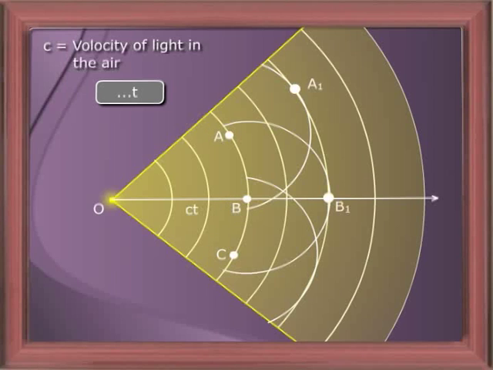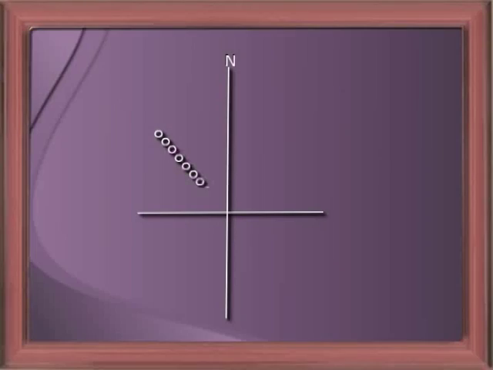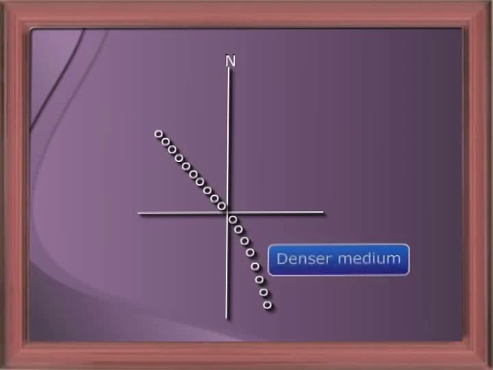A1, B1, C1 are points on spherical wavefronts with centers at A, B, C respectively. Surface A1, B1 and C1 is the new wavefront. The phenomena of reflection and refraction can be explained by applying Huygens principle. The velocity of light in a denser medium is less than in a rarer medium.